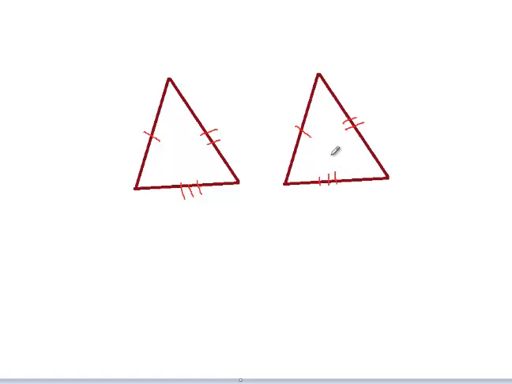It is completely impossible to draw two triangles that have the same sizes of all the sides, and the angles are different. So inherently, that means that the triangles are congruent. This is what I will call SSS. This is the symbol for congruence. SSS is congruent to SSS.